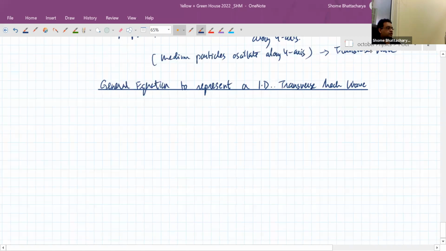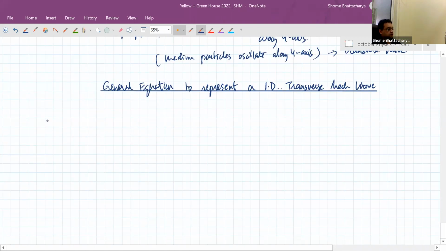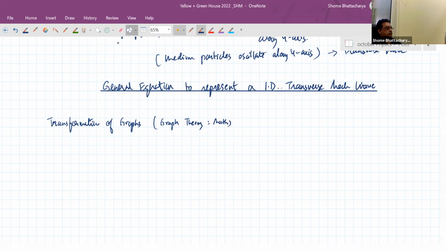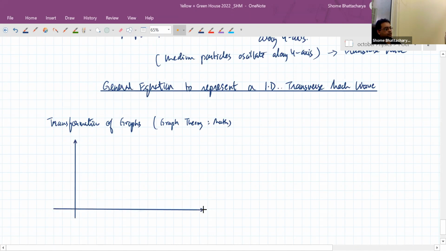So first of all, we have to understand transformation of graphs from graph theory in maths. So there are many different types of transformations of graphs in maths that you would have seen.